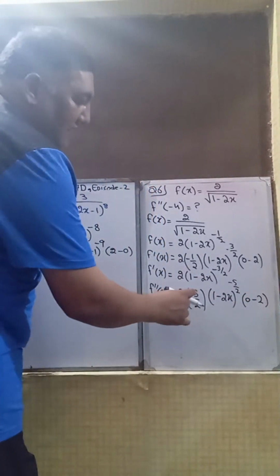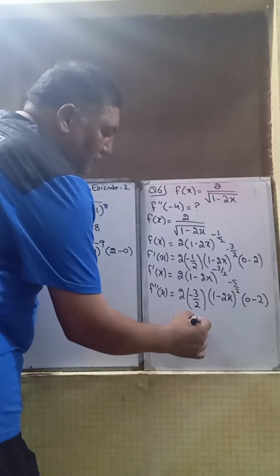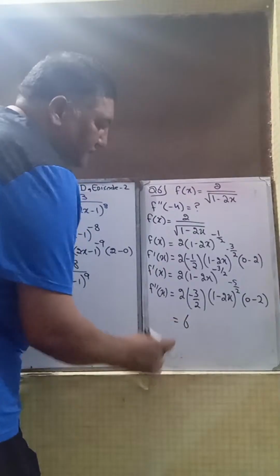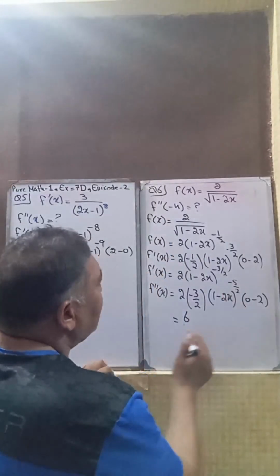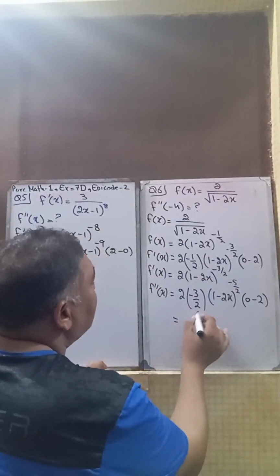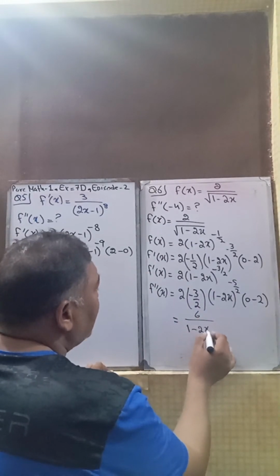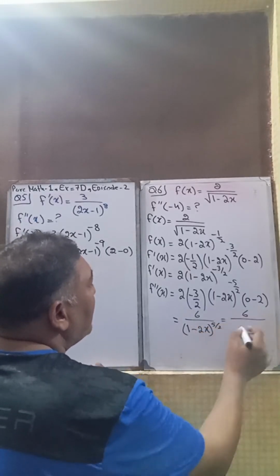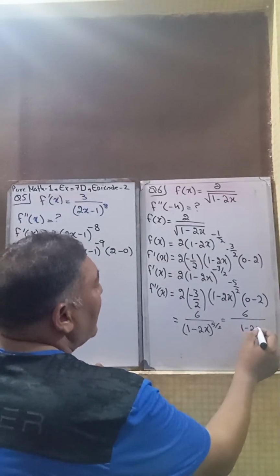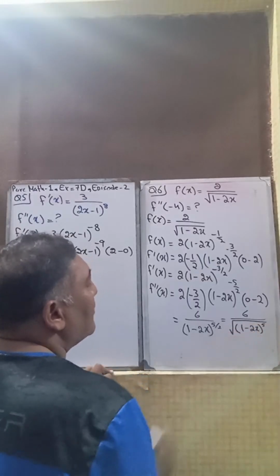Okay, the 2s cancel, this minus and this minus will be plus, that will make it 6, and I can write it downstairs. This power is negative, so I can write it like this: 6 divided by 1 minus 2x raised to power 5 by 2, which is equal to 6 divided by the square root of 1 minus 2x raised to power 5.